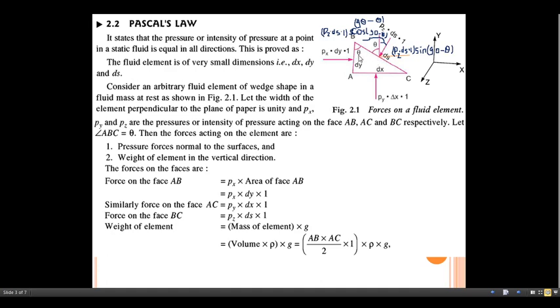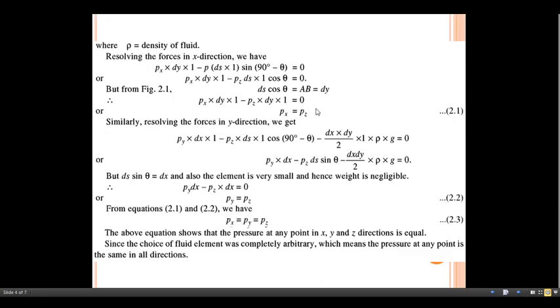So what is sine of theta? Front side divided by hypotenuse. So sine theta equals the front side divided by the hypotenuse.